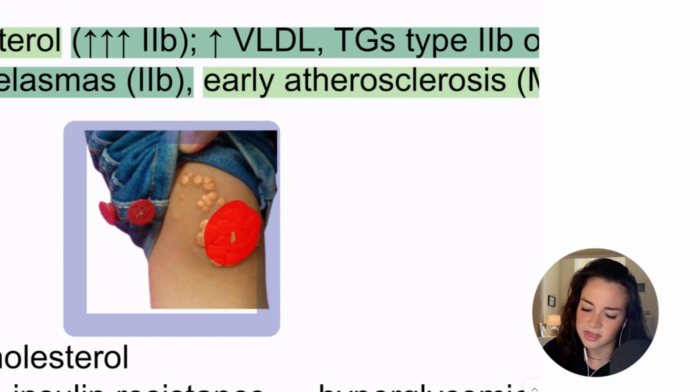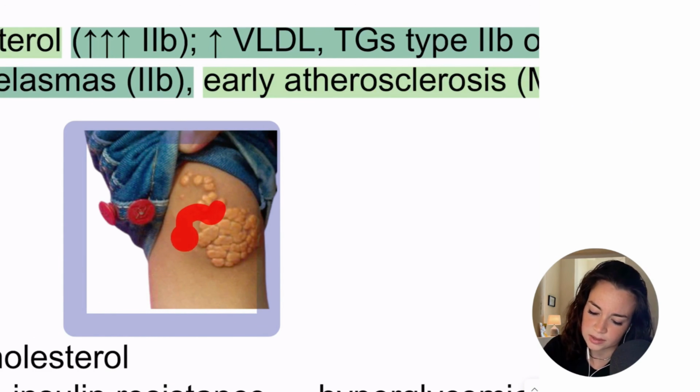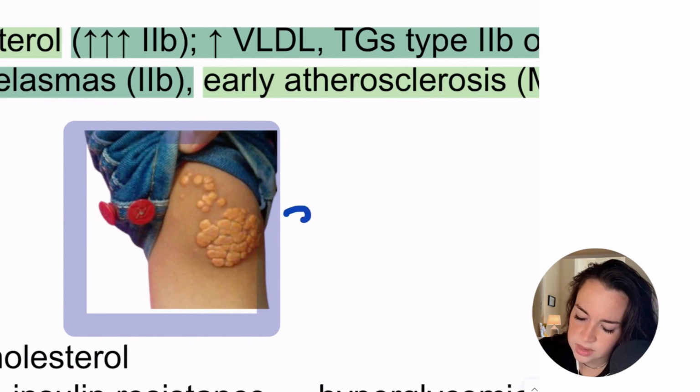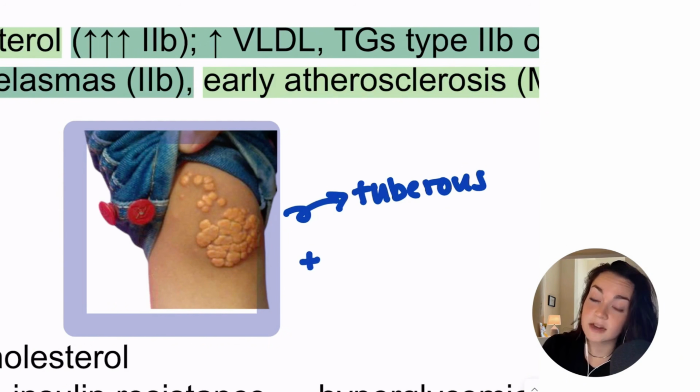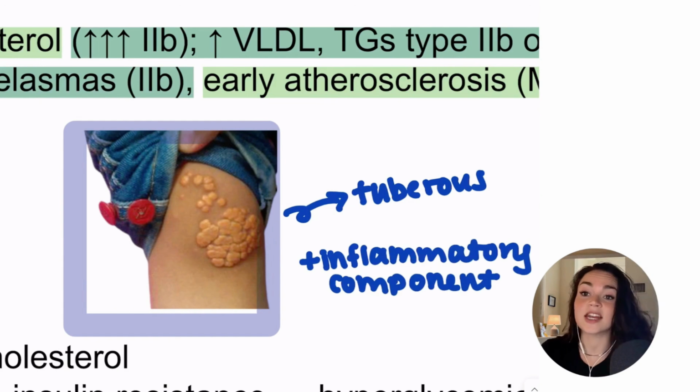They're less erythematous around the outside as compared to something like an eruptive xanthoma, and they're also typically painless as opposed to the tender or itchy eruptive xanthoma. And tuberous xanthomas are going to be located in pressure areas like the knees or the elbows or the buttocks or maybe the heel. And so this is a picture of a tuberous xanthoma. A tuberoeruptive xanthoma is going to be something like this plus an inflammatory component. That's that eruptive component, like the eruptive xanthomas that we saw in type 1.